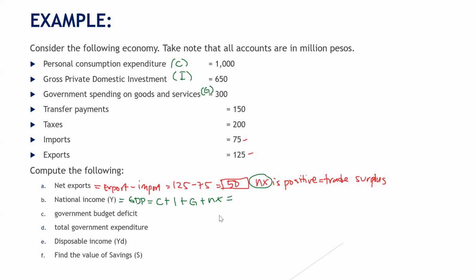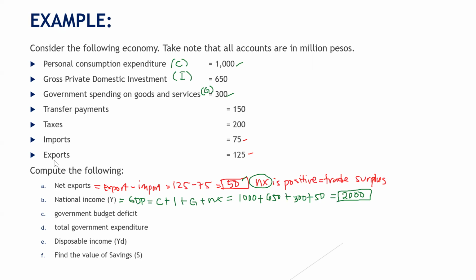So here the C, we have 1,000 plus the I, 650, plus the government spending on goods and services, we have 300, then plus 50. So our GDP is actually equivalent to 2,000. Okay, so that's the value of our national income.